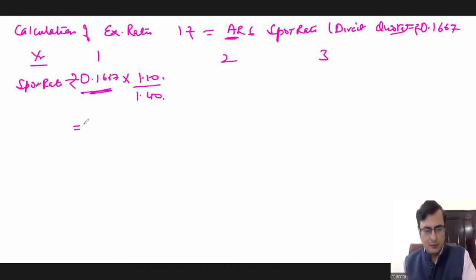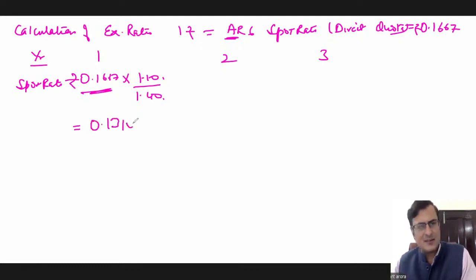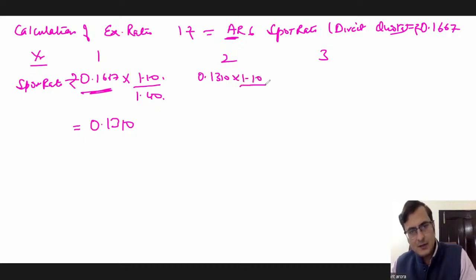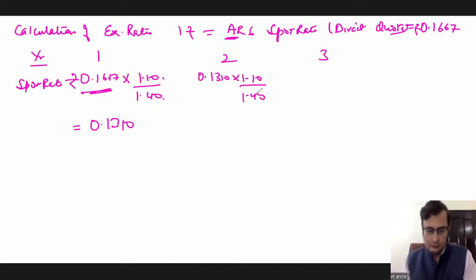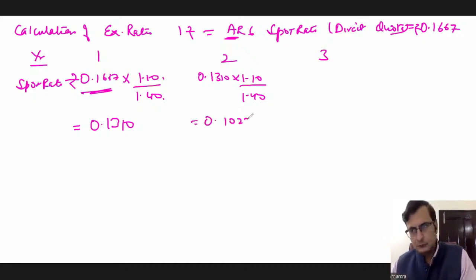0.1667 into 1.1 divided by 1.2, so 0.1309. Okay, 0.1310, let's write that. Clear? So 0.1310 into 1.10 divided by 1.40. Clear?